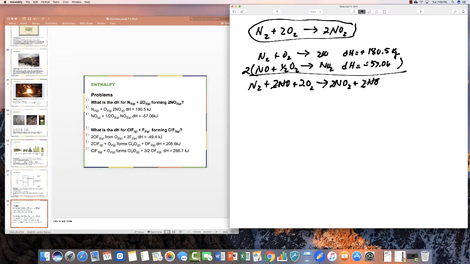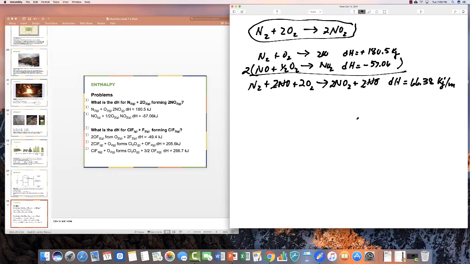And so all you have to do is multiply this 57.06 times 2, and then add these two together, and you have the answer. So DH is going to be 114.12 from that, which gives 66.38 kilojoules per mole.